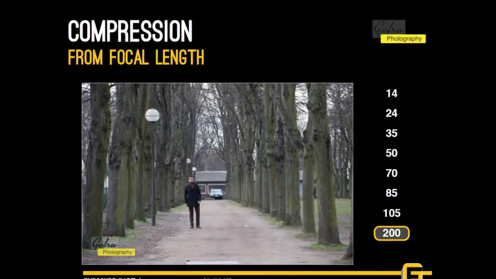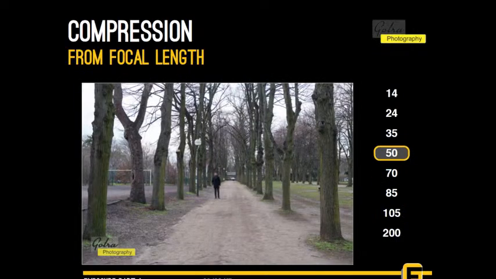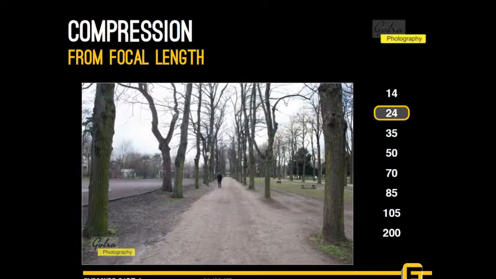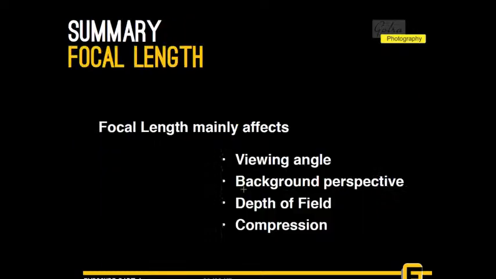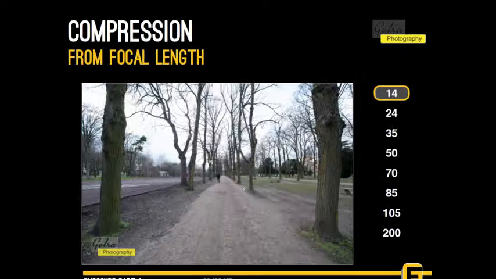And just look at the trees. Notice the trees. Flatter means the trees will look closer to each other because it is flat. It's not wide. But if I'm going wider, you can see that the gap between the trees will appear more, because your scene will become wider. So that's also a compression.